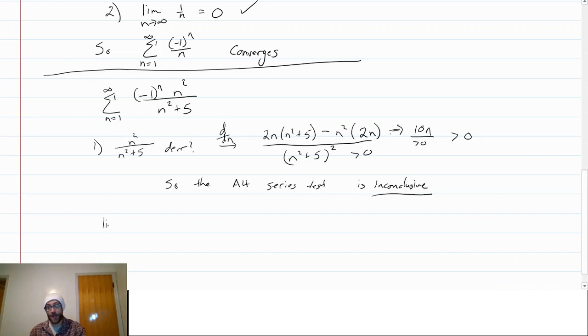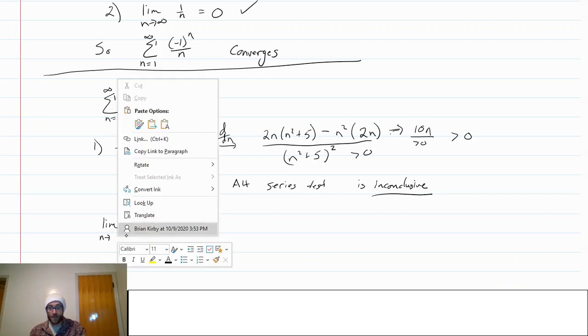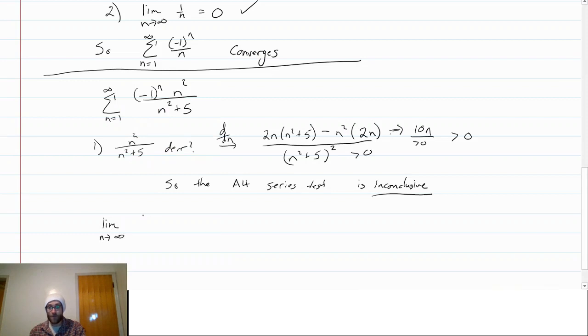So let's actually look at the limit test. Remember, if I take the limit of the sequence and the sequence goes to 0, then it's inconclusive again. But if it goes to a number, then we know that it diverges. So if we take the limit as n goes to infinity of this guy here, we'll call this whole thing a_n. Taking the limit of a_n, what we get is plus or minus 1.